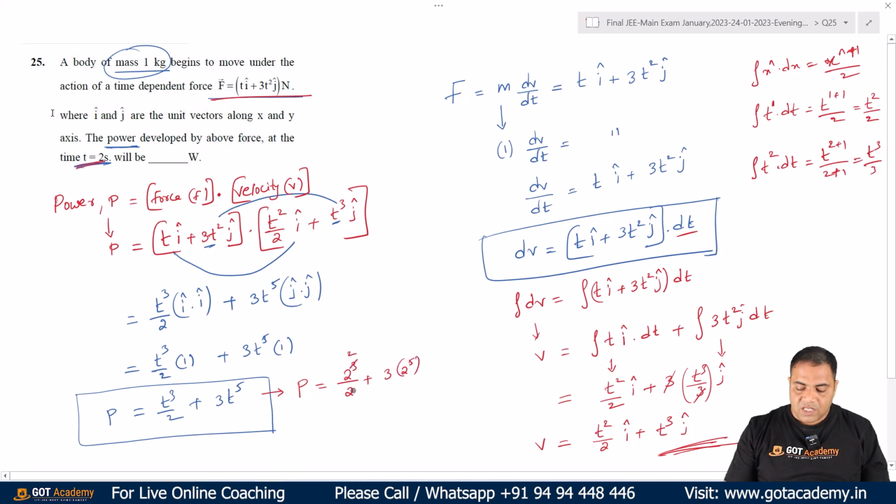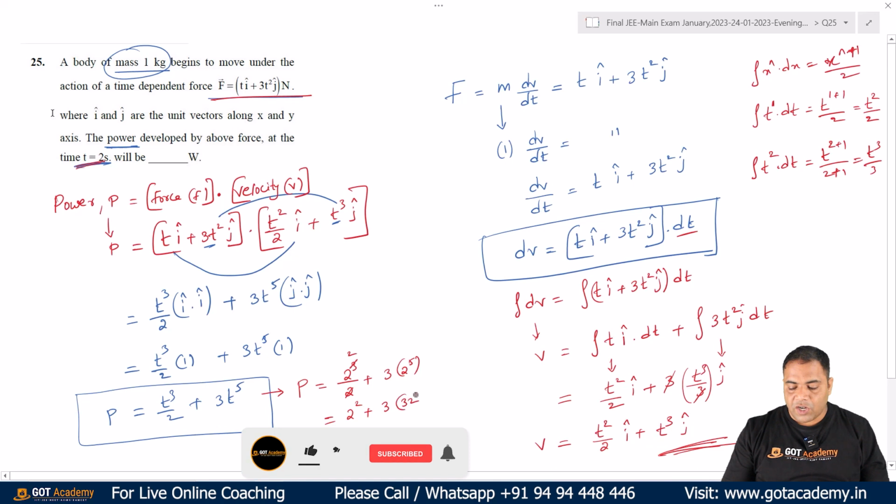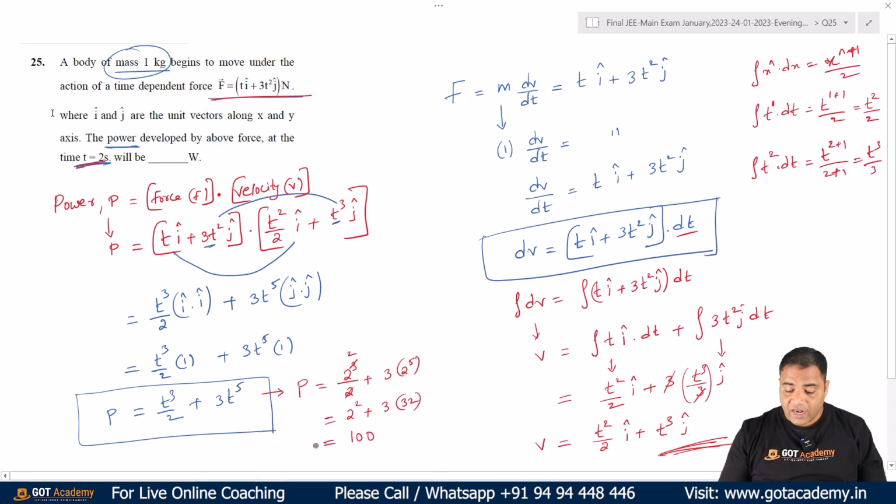So this cancels. We get 2 square and 2 power 5. What is 2 power 5? 32. So 3 into 32. So the answer that you get here is 100. Check it out. 3 32s are 96 and 2 square is 4. So you get 100. So now the power is 100 watt.